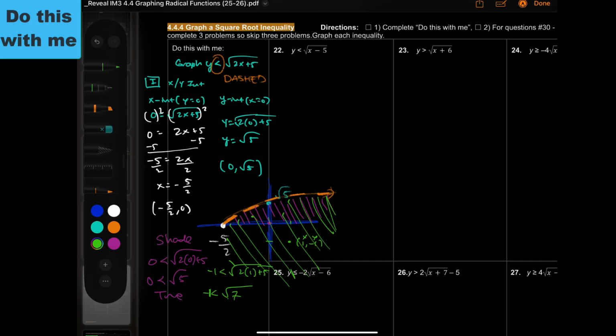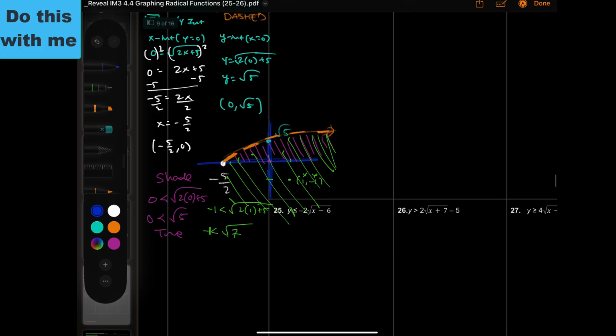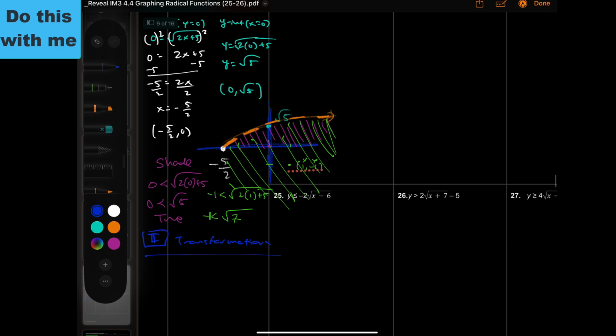Okay, let me now teach you guys a second way of graphing this, and that is by our transformations, because you just learned about the transformations. On the original equation, you have y is less than the square root of 2x plus 5.